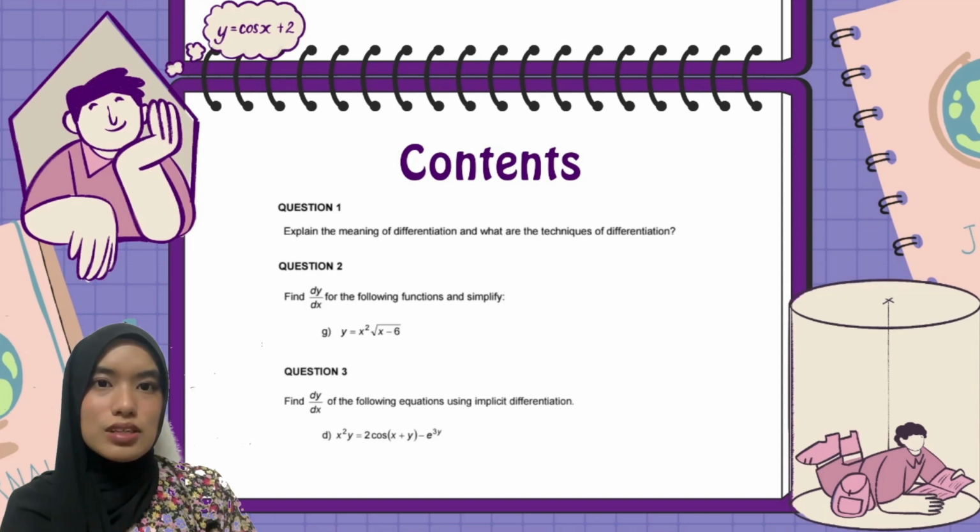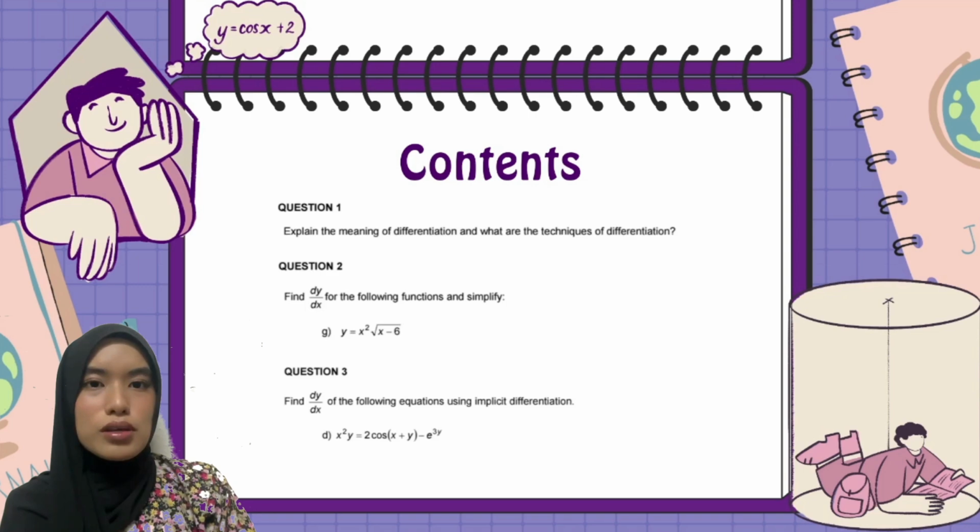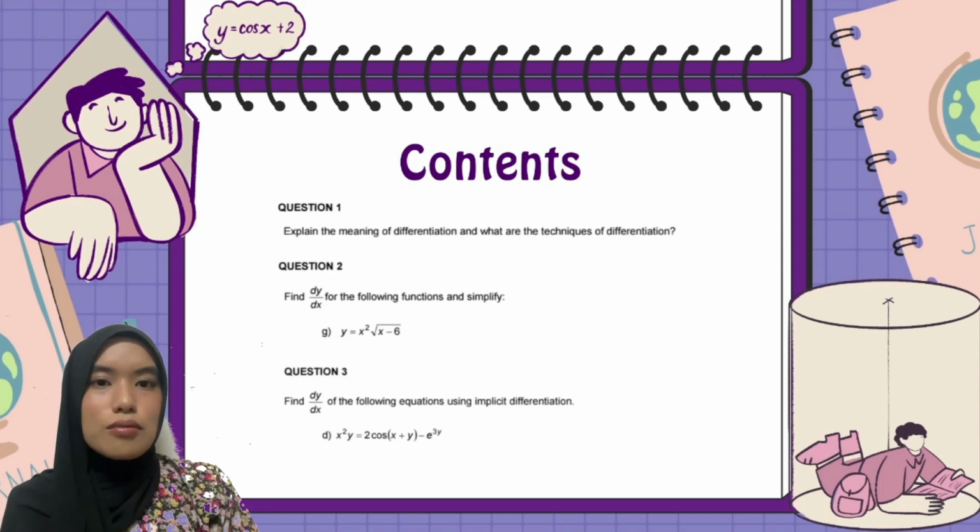To give you a clear roadmap of our presentation today, we have organized our video into 3 segments to fully address our assigned tasks. First, we will establish our theoretical foundation by going through the exact meaning of differentiation and exploring the core techniques in our calculator's box. Second, we will dive into our practical application by solving question 2G, where we will find the explicit derivative of a radical product function.